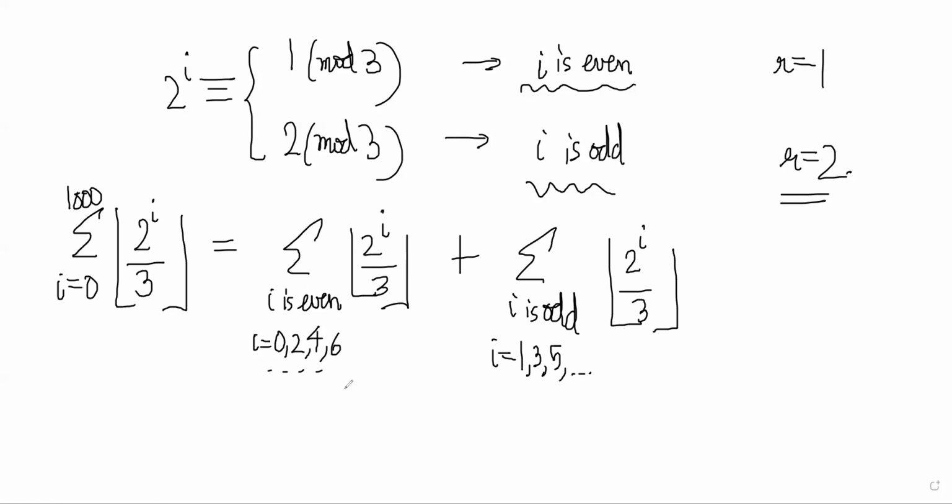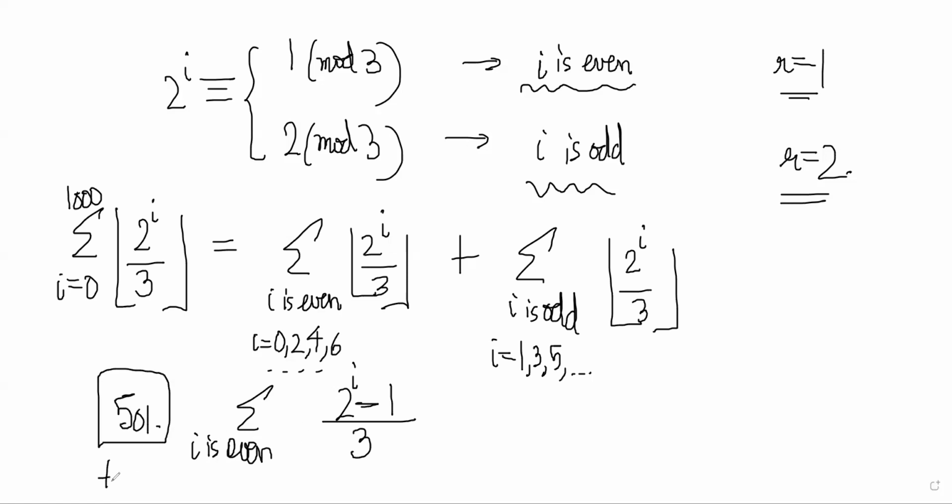Now applying the formula, it will be 2 power I minus the remainder when 2 power I is divided by 3. When I is even, the remainder is 1, so (2 power I minus 1) by 3, and you have to sum it over all the cases where I is even. There are 501 terms in this summation, because going from I equals 0 to 1000 you get 501 even terms.